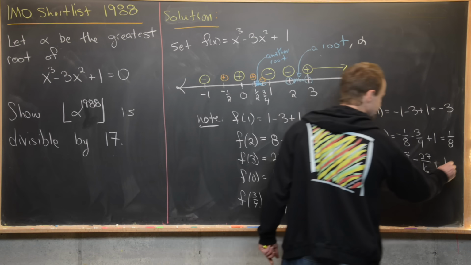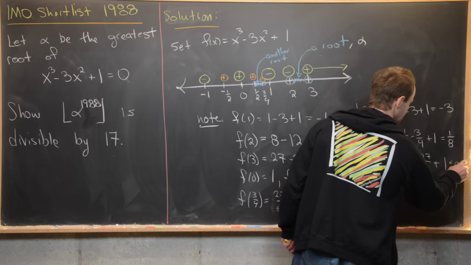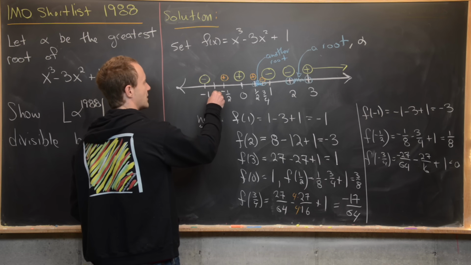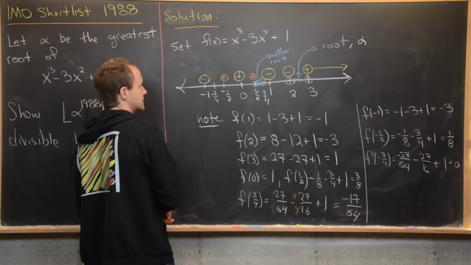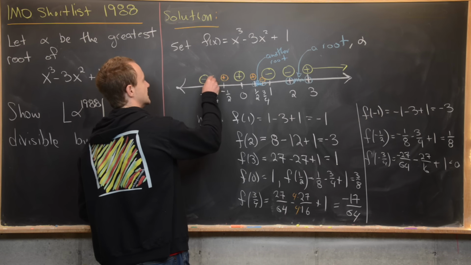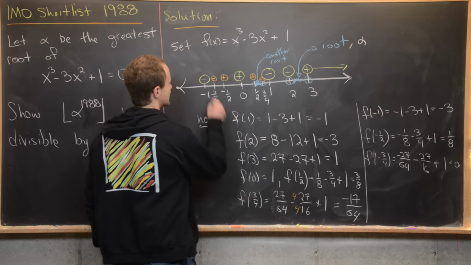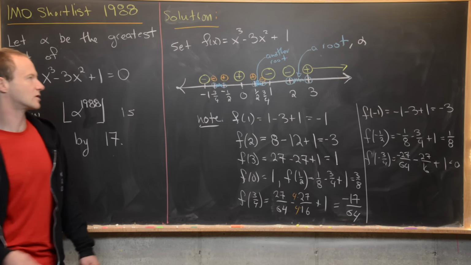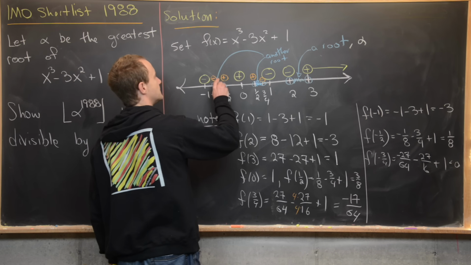So here we'll get that this is less than 0, which tells us that at this point right here, -3/4, our function is negative, and thus our third root needs to be between -3/4 and -1/2.